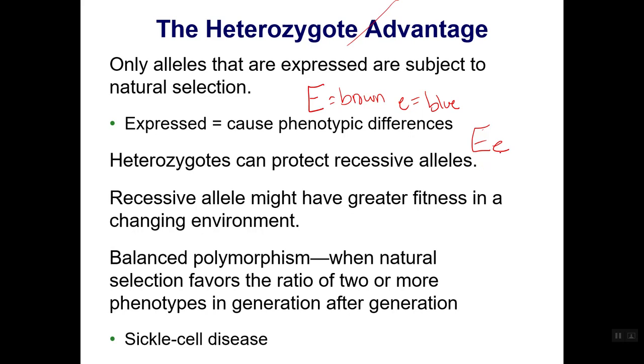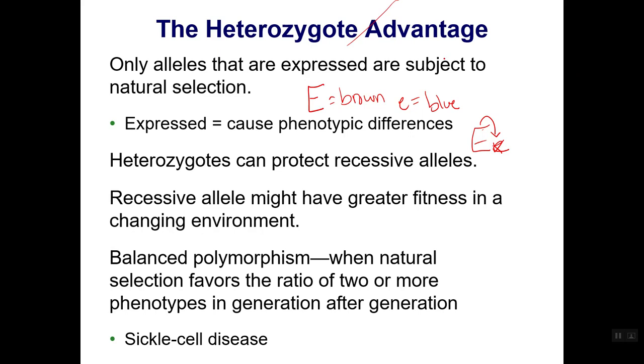Because I have one of each allele type. But which color will my eyes be, blue or brown? They'll be brown because in this scenario, big E, little e, the dominant allele will mask that of the recessive. So my eyes would be brown.